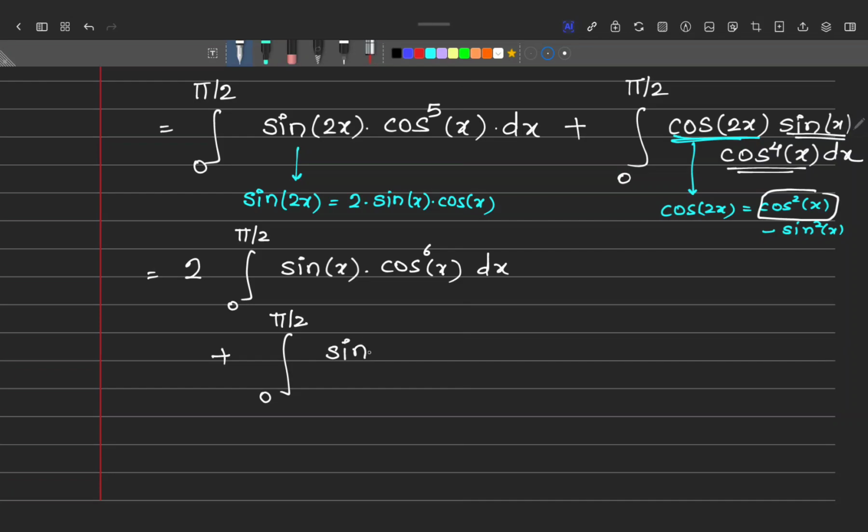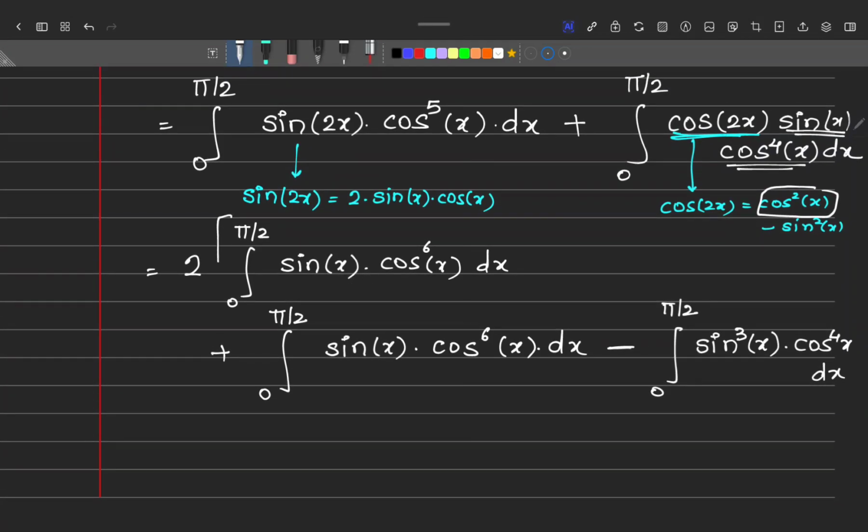It will be sine x into cos square x into cos raised to 4x, which will be cos raised to 6x dx. Next thing will be minus integration 0 to pi by 2 of this minus sine square x into sine x, which will be sine cube x multiplied by cos raised to 4x dx.